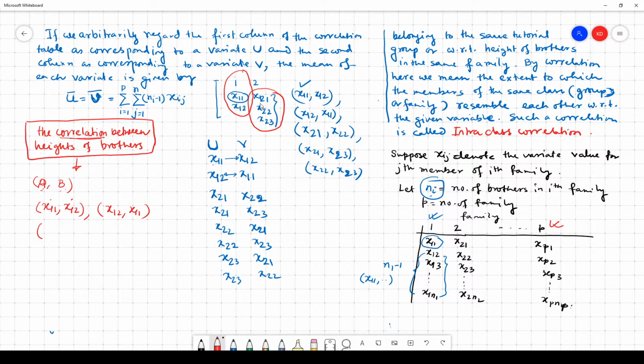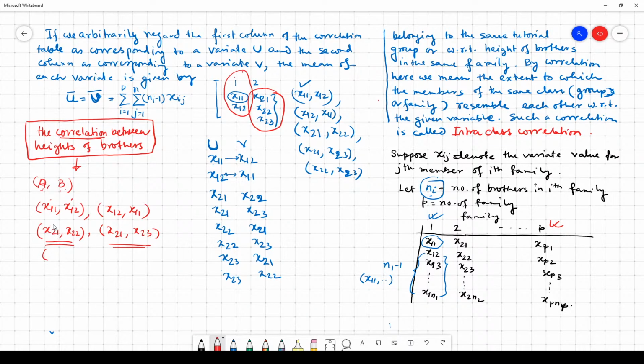So it is 6 possible pairs, and the pairs are x21, x22, x21, x23. We consider only the brothers of the same family.